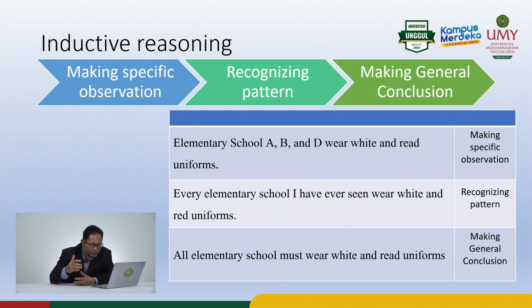After that, you recognize the pattern: every elementary school that I have seen wears a red and white uniform. And then the last step, you generalize and make a conclusion: all elementary schools must wear white and red uniforms. This is the way to make an inductive reasoning.